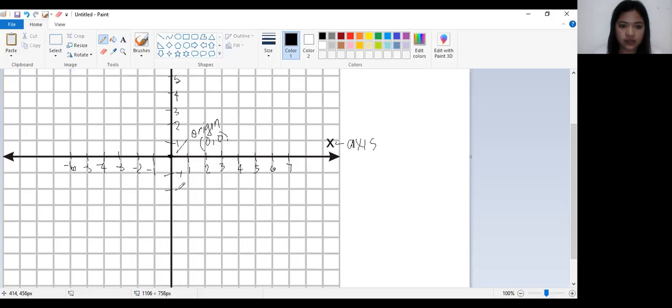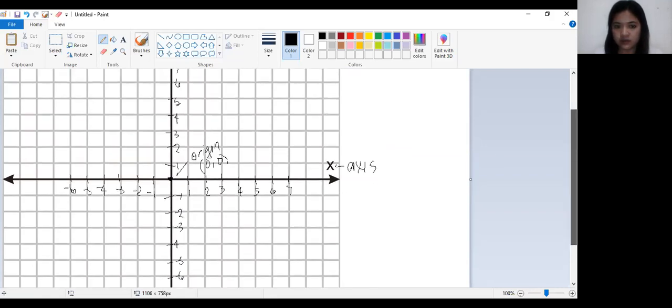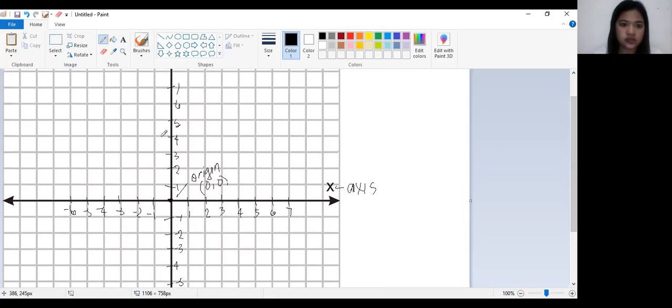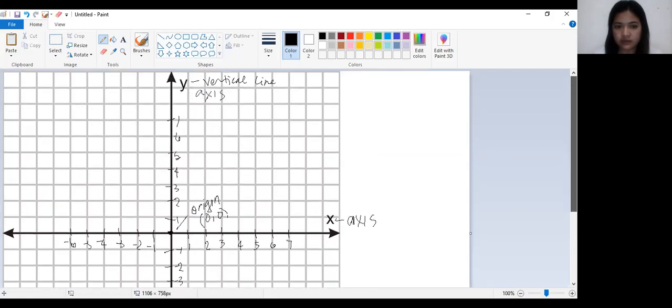Ang tawag natin dito ay ordinate. Ordinate, yun yung distance galing sa x-axis. Ang tawag natin ordinate or y. So, y, yung point sa y-axis. Okay, so ang tawag natin dito ay ordinate.